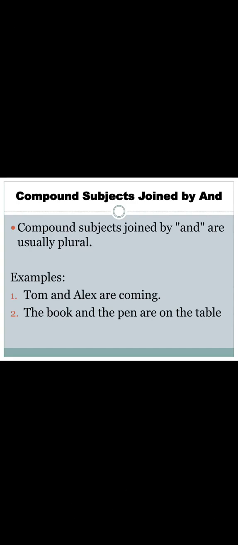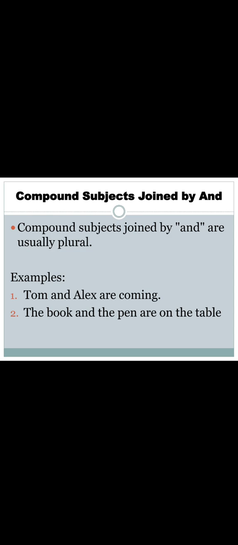And some compound subjects, how they are joined by and. See here, compound subjects joined by and are usually plural. For example, Tom and Alex. Here there are two characters, one is Tom, another one is Alex.